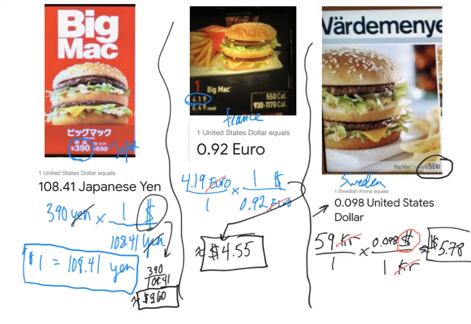So definitely more expensive for a Big Mac in Sweden compared to the other two countries. All we're seeing here, again, is just using our understanding of dimensional analysis to determine cost in the situation. The only thing that makes this different is we're given an exchange rate rather than a static or constant conversion.